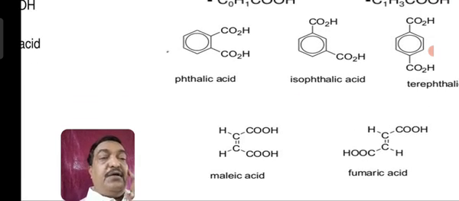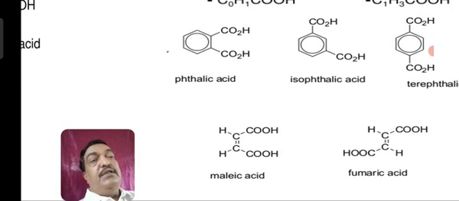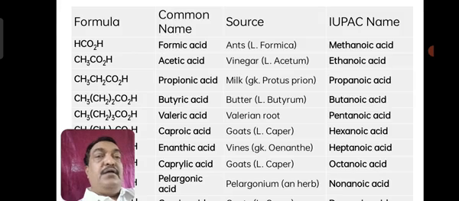Now similarly you can have maleic acid, a dicarboxylic acid, and fumaric acid. So not only 1 COOH, there may be the possibility of 2 COOH, right?